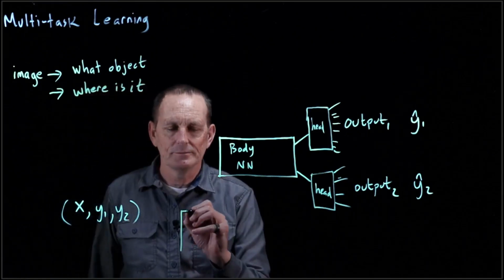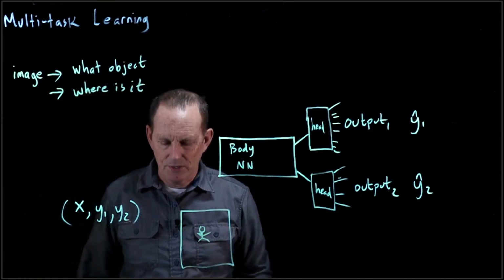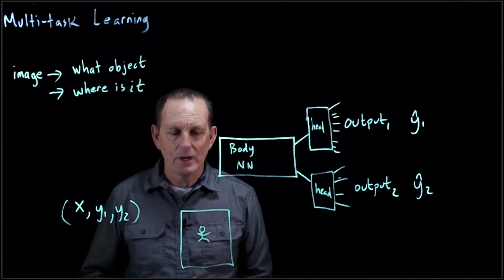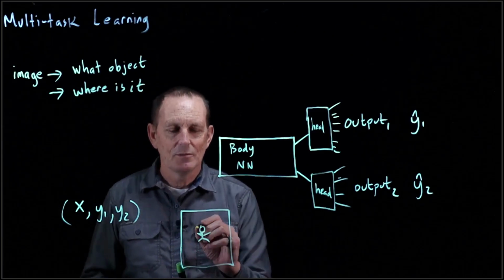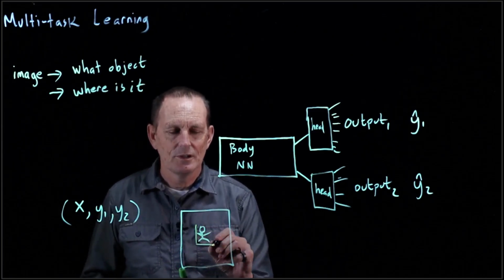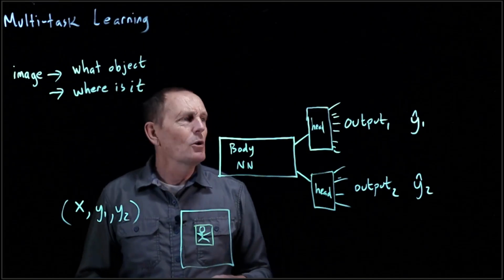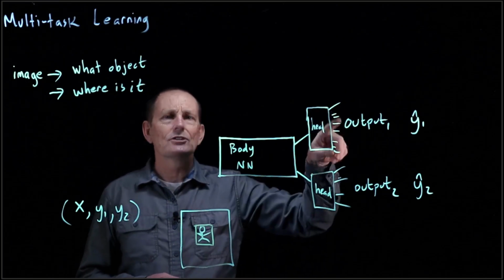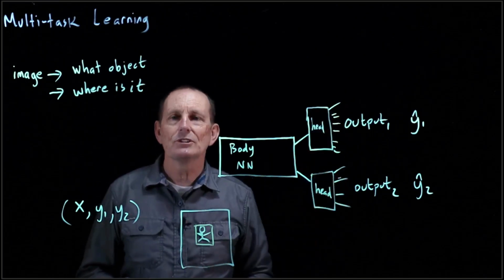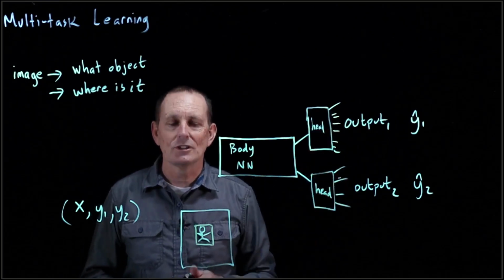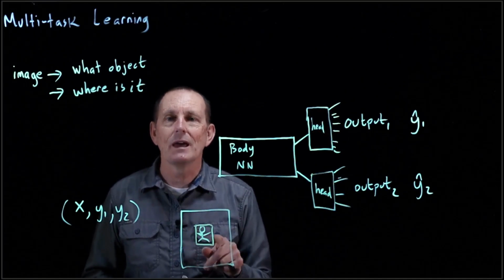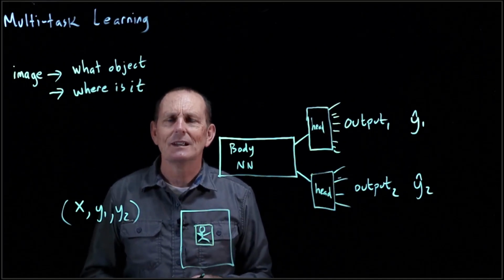So we've got an image, it's a person, and we want to know not only it's a person, but also this is the bounding box of the person. So we would have one output, which might be the softmax, and then another output, which is perhaps 4 regressions, top, left, bottom, and right for the bounding boxes.